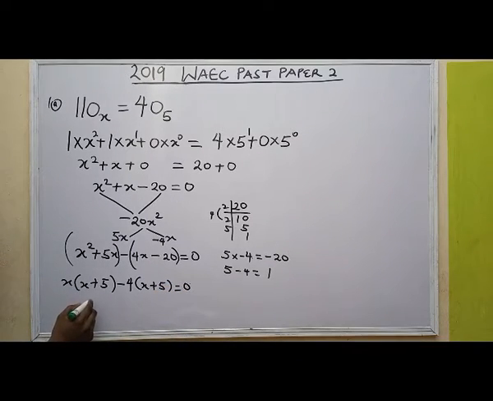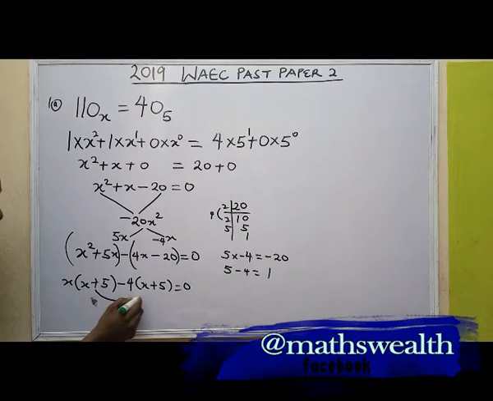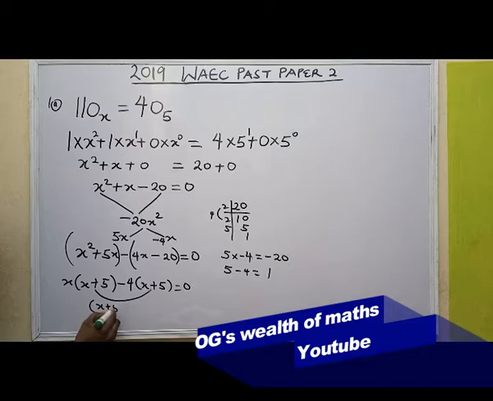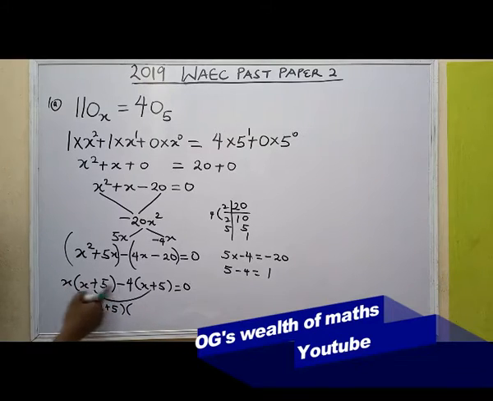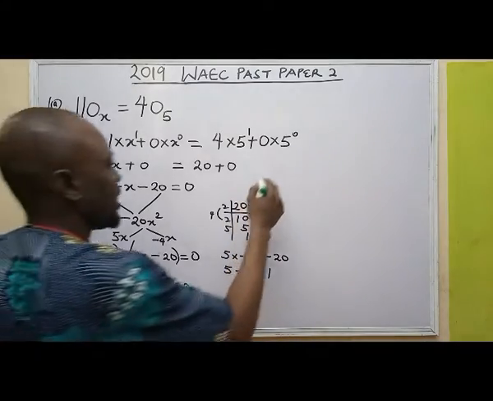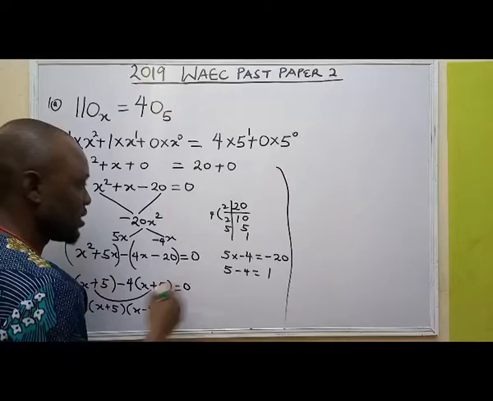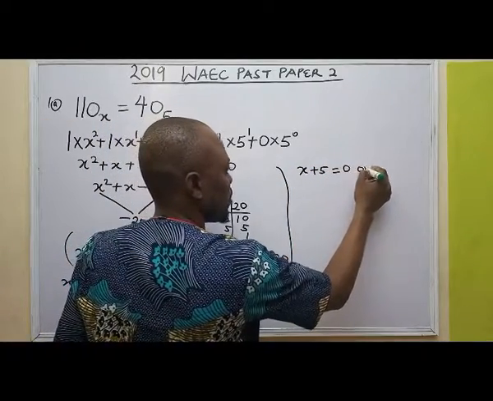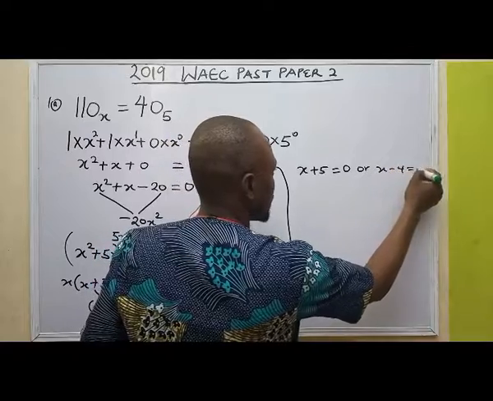So therefore, if you look at this, the x plus 5 must correspond to what you have in the other bracket. So since they are the same, I'm going to pick one of them, x plus 5, then x minus 4 equals 0. So I can do this, x plus 5 equals 0, or x minus 4 equals 0.